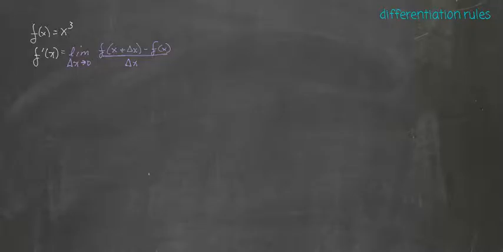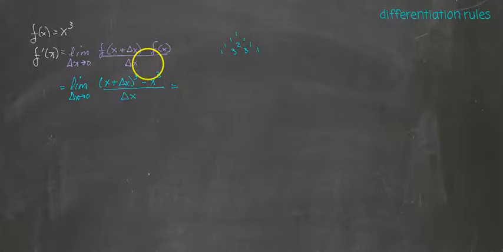So I'm going to plug in my values. I get the limit as delta x approaches 0 of x plus delta x cubed minus x cubed over delta x. Well, first I have to expand this cubic function, and I'm going to use Pascal's triangle to do it.